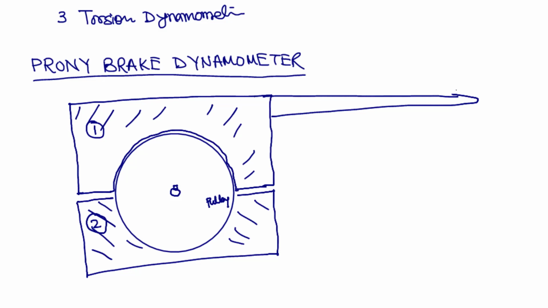The friction between the blocks and the pulley tends to rotate the block in the direction of rotation of the shaft. When the shaft rotates anti-clockwise, these two blocks are clamped with a nut bolt.